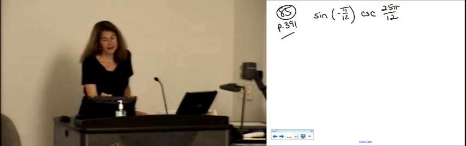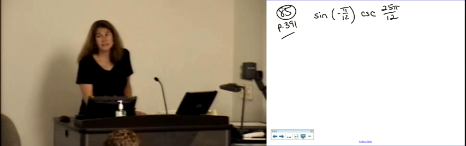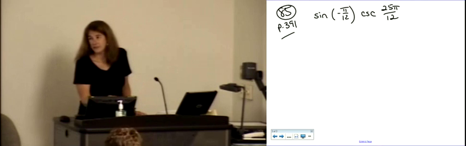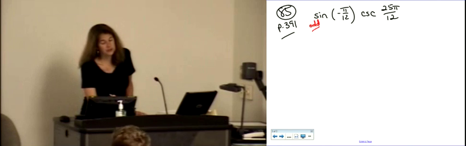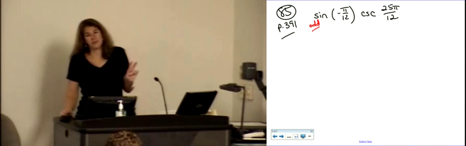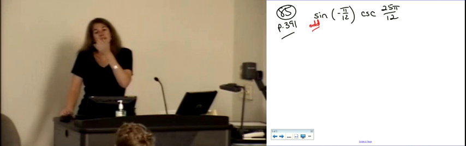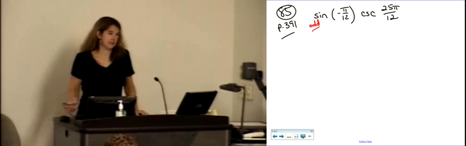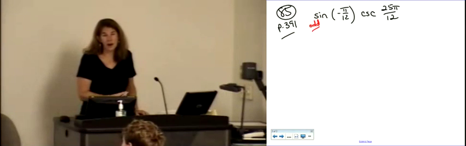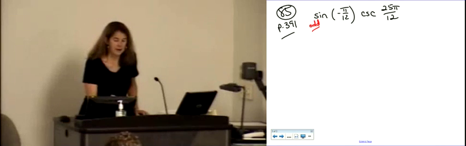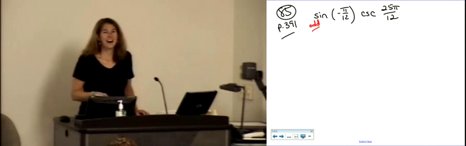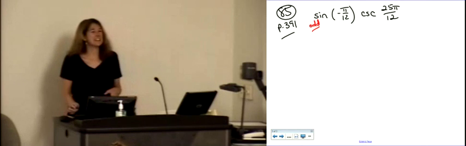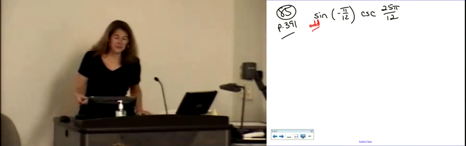First, let's make this angle positive. We said we could use our even-odd properties to do that. Is the sine function even or odd? It's odd. Which functions were even? We only had 2 that were even: cosine and secant. They're the only 2 even ones.